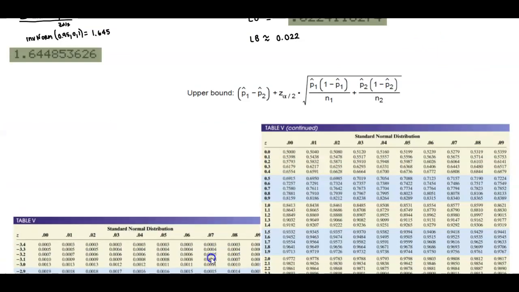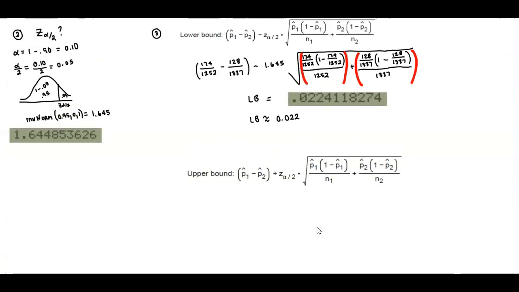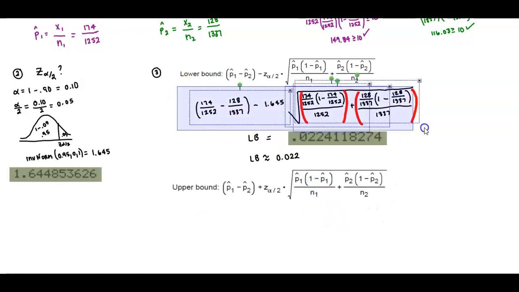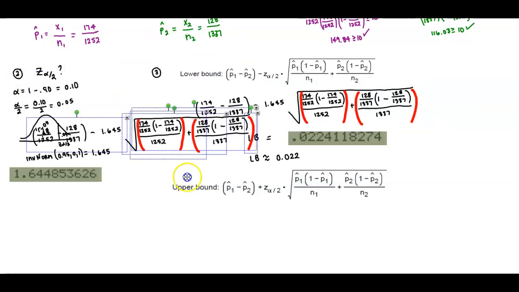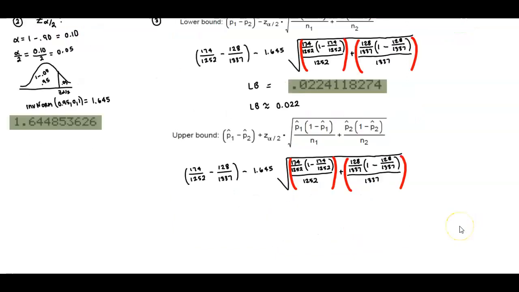Okay, now let's go ahead and find the upper bound. So for the upper bound, we're going to use the same formula. The only thing here is that we're going to now add the information to the right.